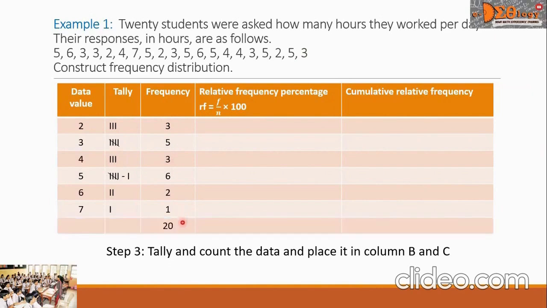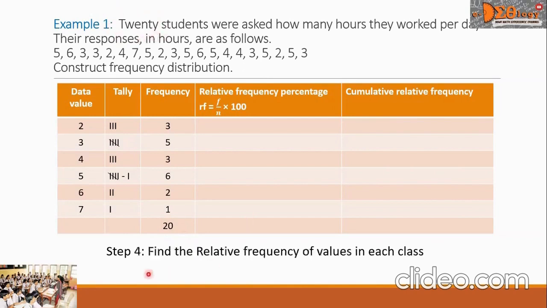And then we will take the total, and this is now equal to 20. This 20 must be the same with how it is described in our problem. So it's written here 20 also.